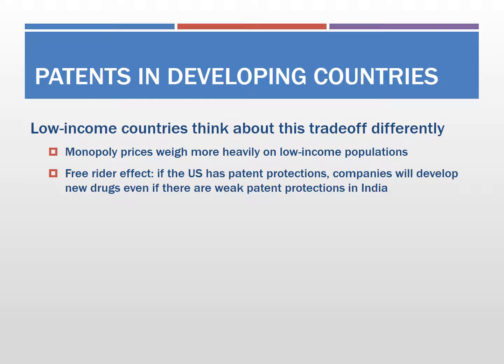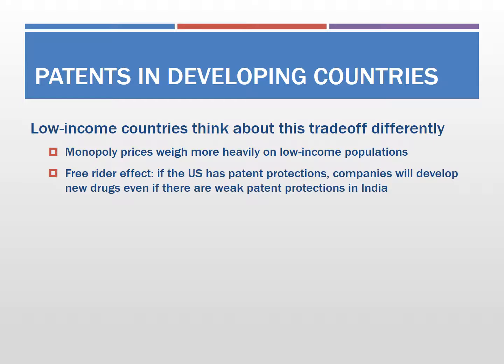Also, the free rider effect becomes significant. Let's say the US has patent protections; obviously companies will develop new drugs even if there are weak protections in India, because they are protected in the US, and they will be able to invest more money to sell in the US market instead of selling in a developing country like India.